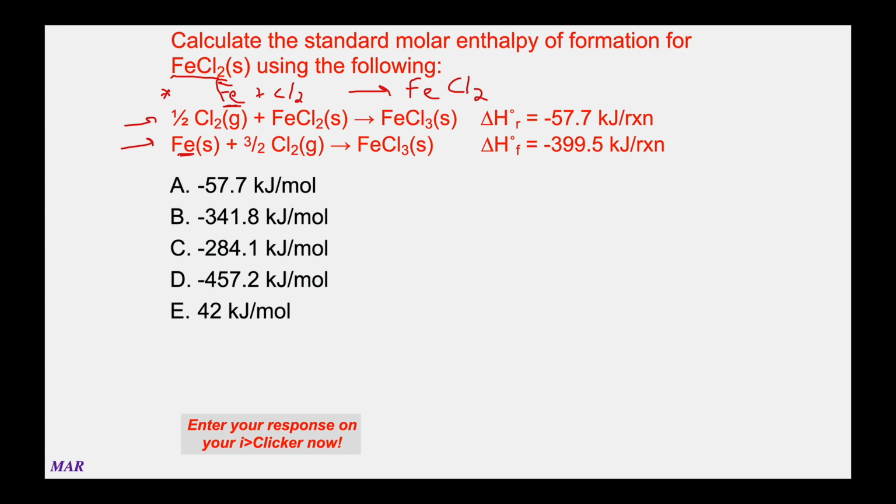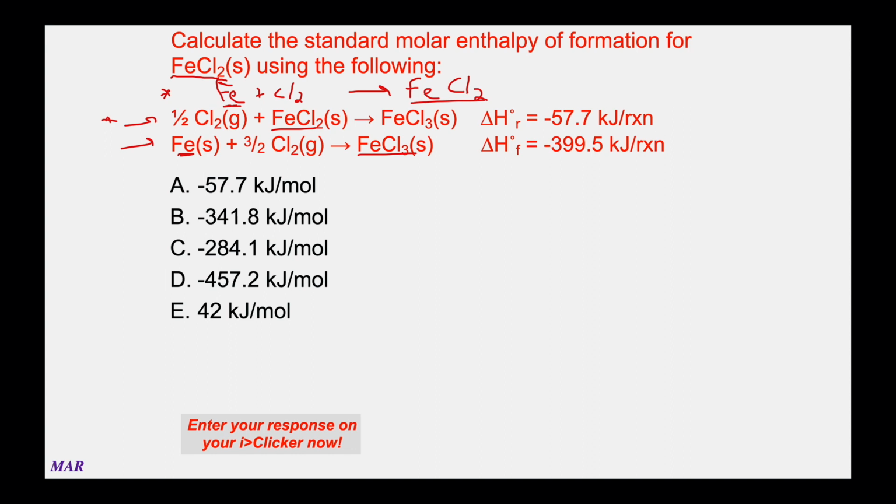So probably then we can use this equation as is, but you don't want FeCl3 as a product, you want FeCl2. And the first equation has FeCl2, but it's a reactant. We want to have FeCl2 as a product.